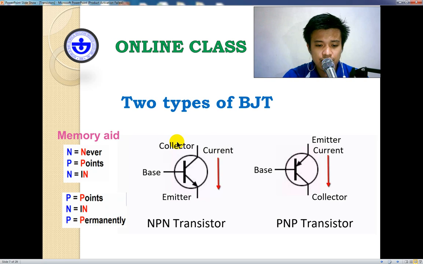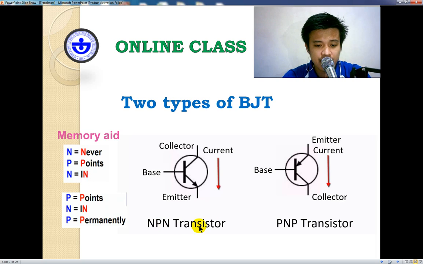Okay, now to help you remember what NPN and PNP are, we have here a memory aid to guide you on how to remember the symbols of these different types of bipolar junction transistor. We have here the letter N for NPN. The first N is never, the P is point, and the other N is in. So it means never point in.